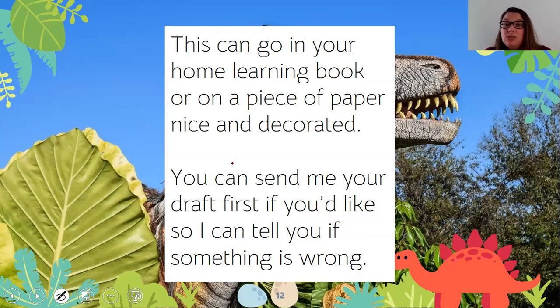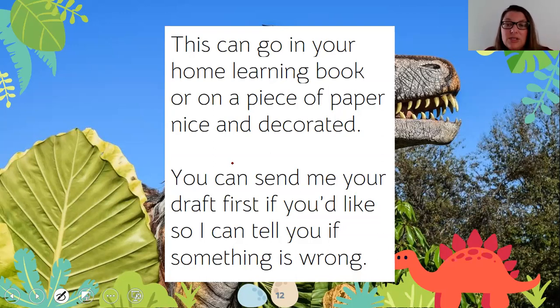So even if you want to send it to me to look at or read it to me in a Zoom call, that's fine. But please make sure you say, this is my first draft. Can you just check it over and let me know if it's okay? All right, so maybe before you send it to me, and then I don't have to send it back, you can just be like, oh, is this cool or not? And then I can look at it, okay? So please send it to me if you want me to look at it.